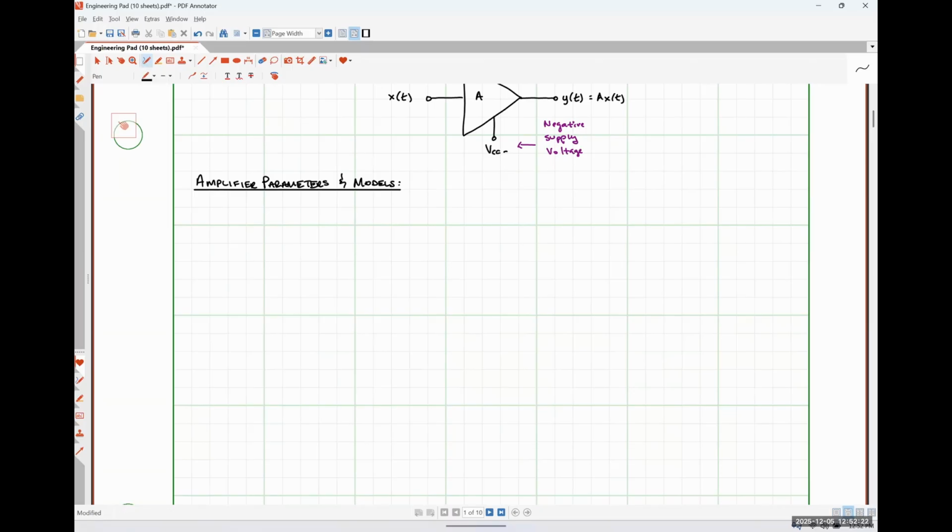So I'm going to define the gain of an amplifier as simply A is equal to the ratio of our output signal over our input signal.